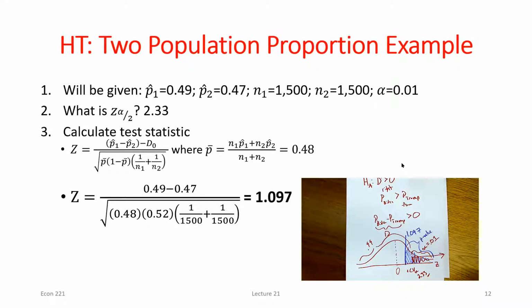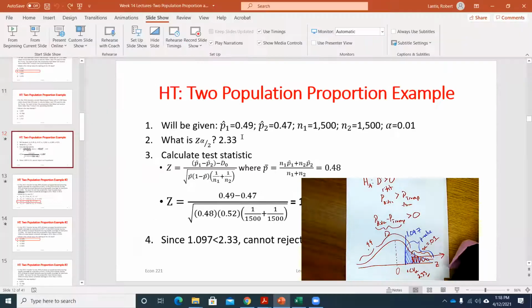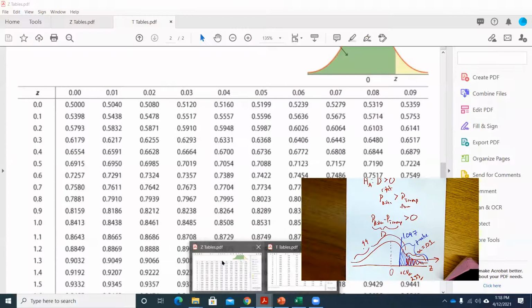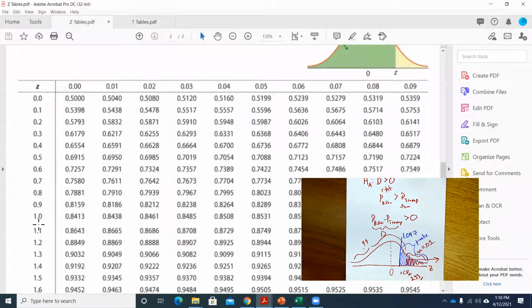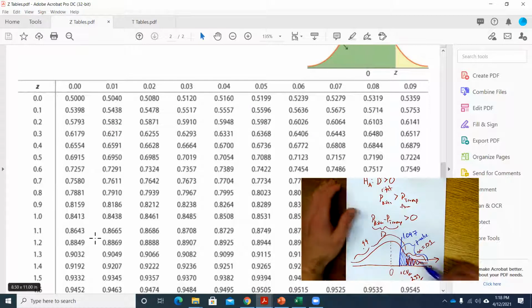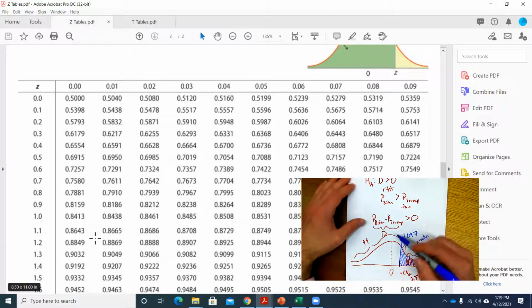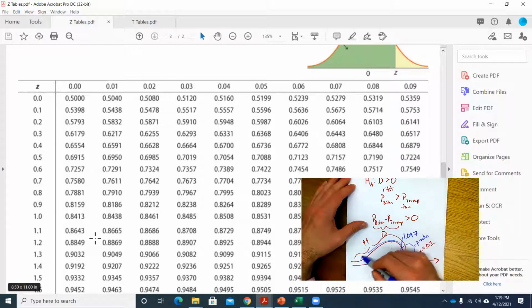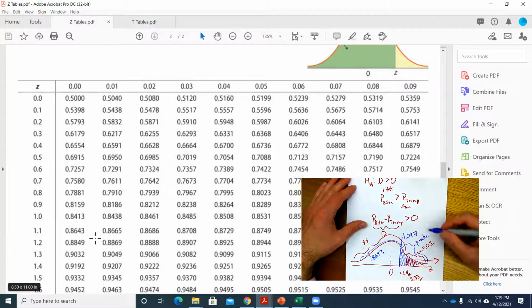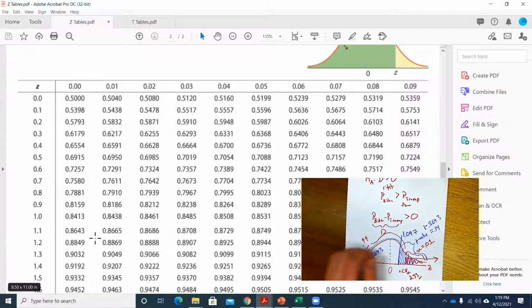Well, for 1.097, I have to go to my standard normal table, so I round it to the second decimal, 1.10. The area to the left is 0.8643. I wanted the area to the right, so 1 minus that, or approximately 0.14.